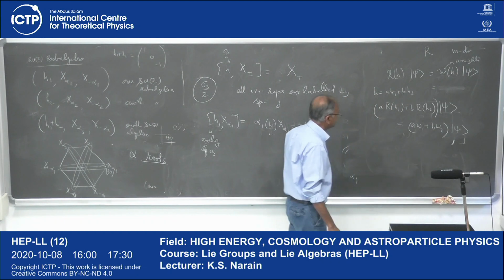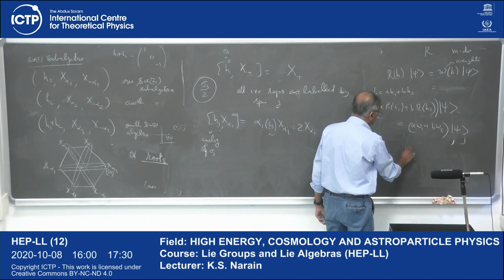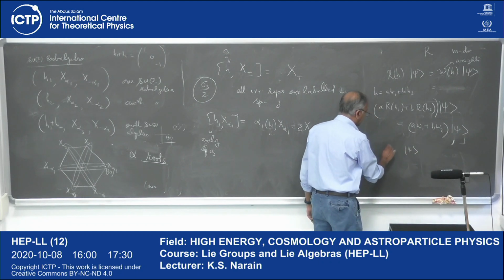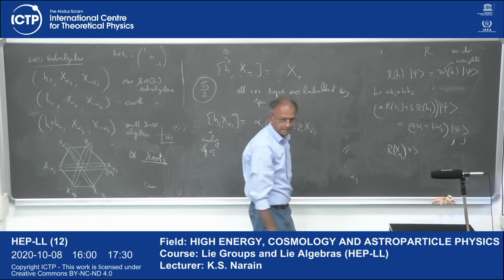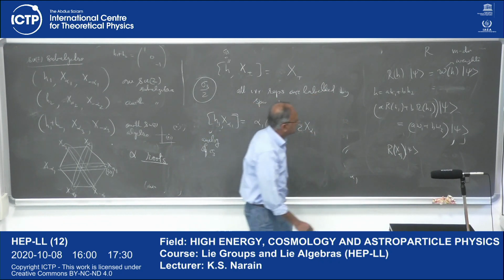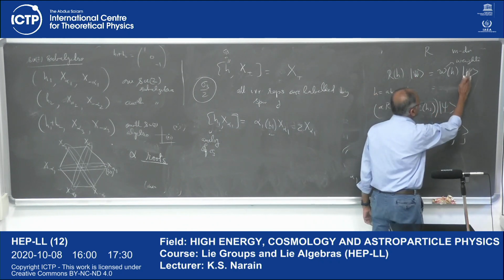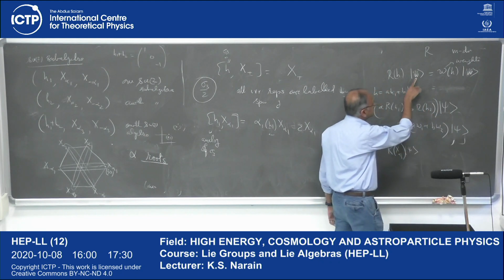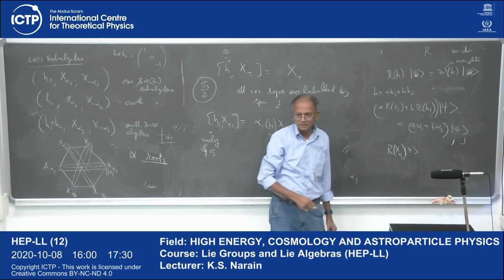But the question that we are asking is, okay, now I have done that. So let's say I take one of these psi and apply R of, say, X alpha 1 on this state. In fact, let me label this by w, being the weight.